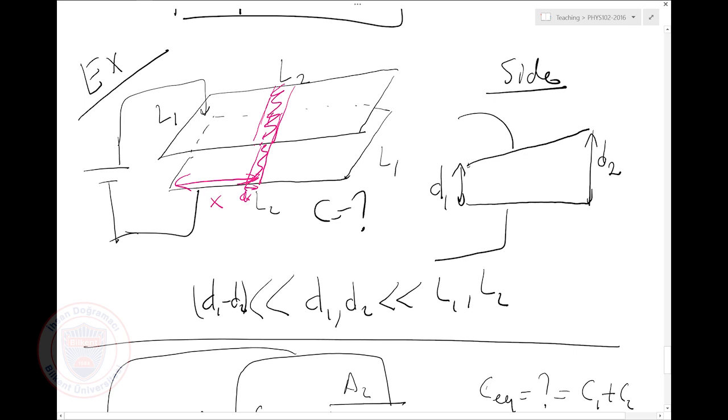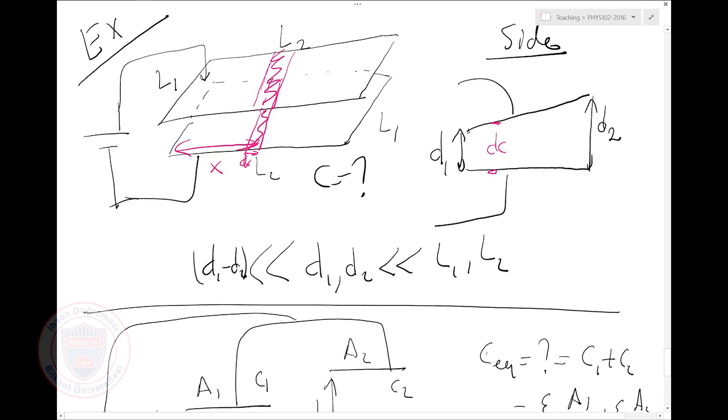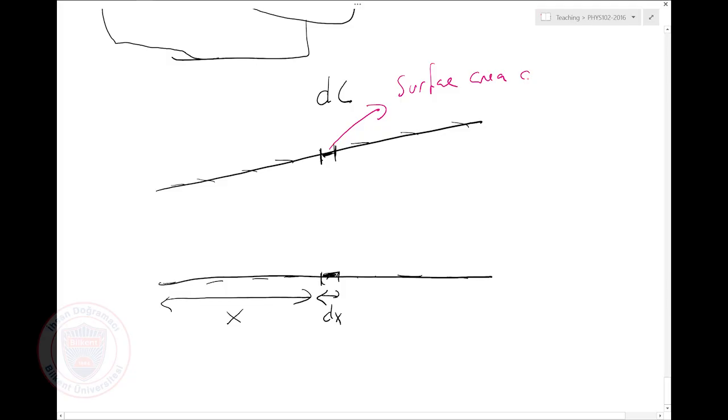So there will be a small capacitor of capacitance dC there. Can you tell me what's the surface area of this small capacitor?